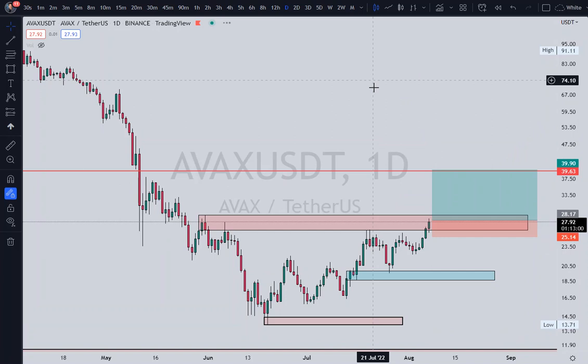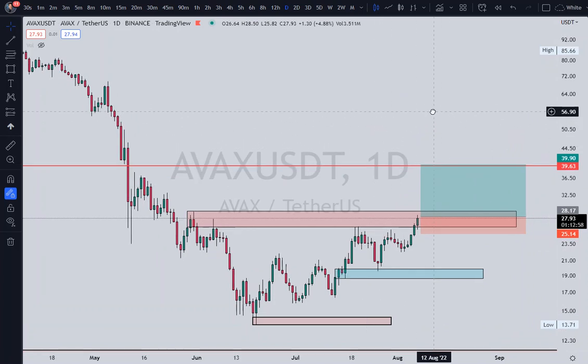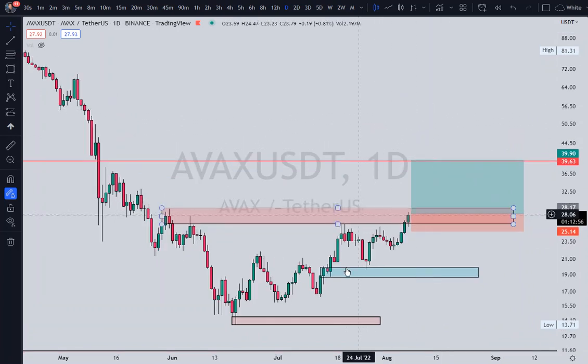Another chart is AVAX. I want to show you this one on the daily time frame. Clear bullish structure, but it can still be a retracement as well, like the others.